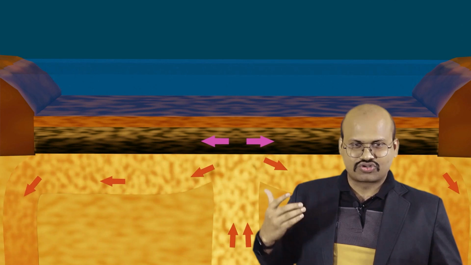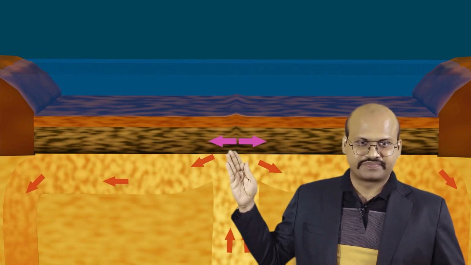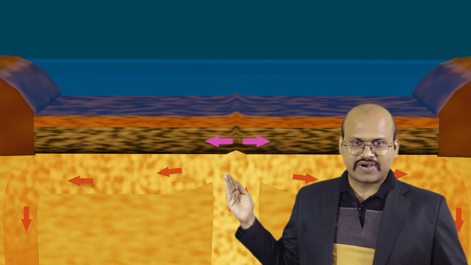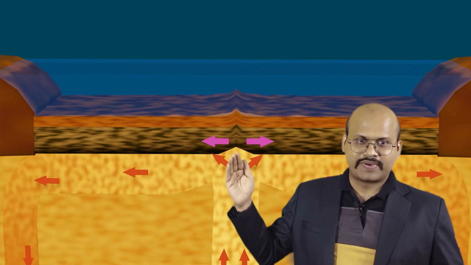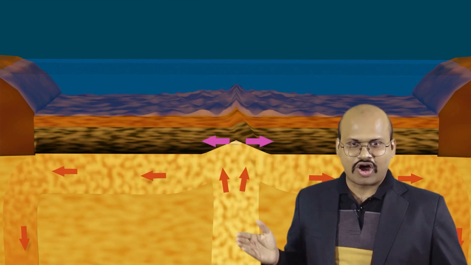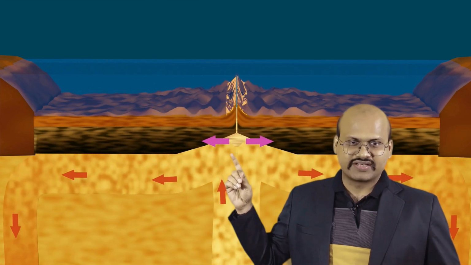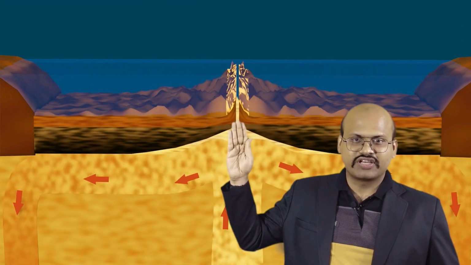And therefore, slowly over time, this crust starts to divide from here. The magma, which is below here, starts to come up. And over time, because of this diverging force as well as the hot magma rising above here, it starts to slowly melt this crust and make its way to the surface of the crust.